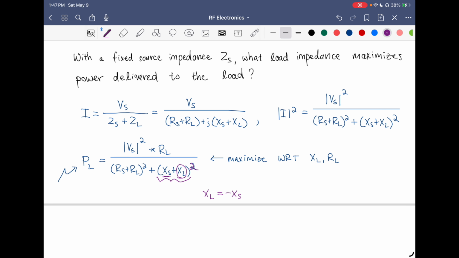So these two terms will cancel each other and we get a 0 squared to minimize the denominator. Thus the optimal value to choose for the load reactance is the source reactance negated.